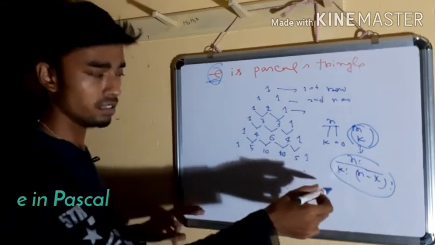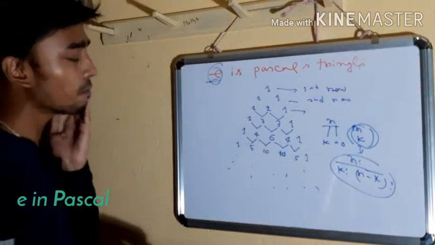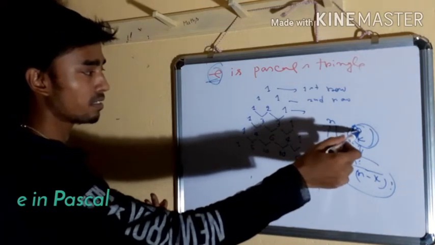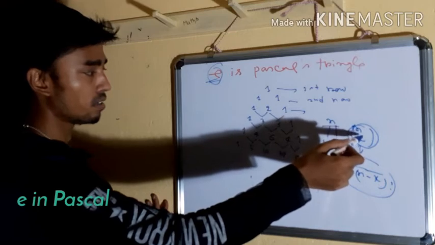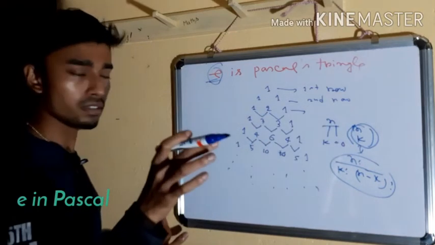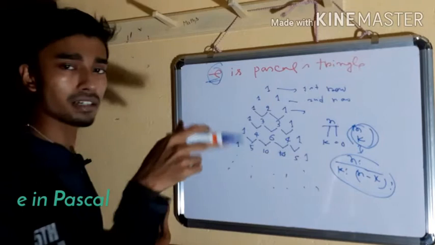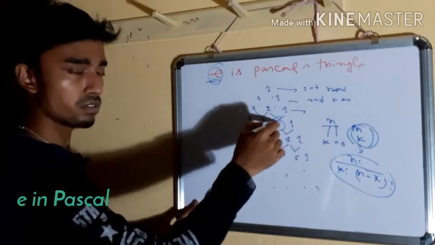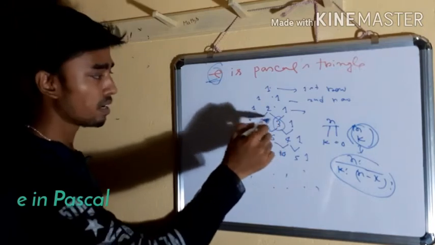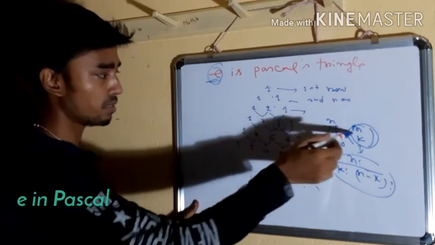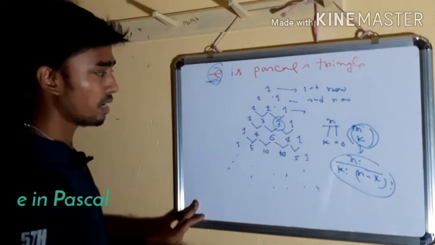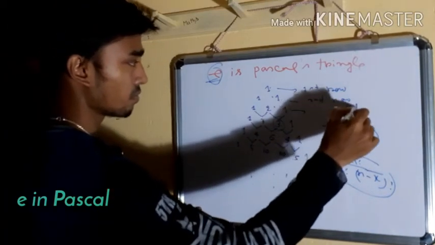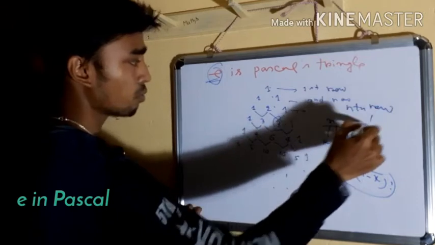Here n choose k is the element in the nth row and the kth column. For example, in the fourth row, this is the third column element.